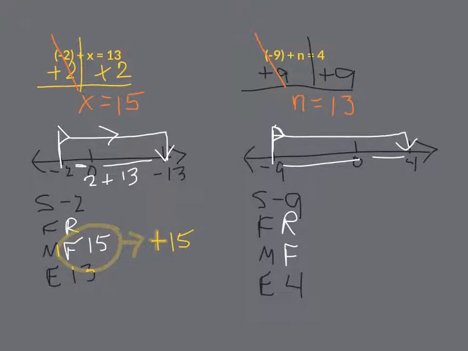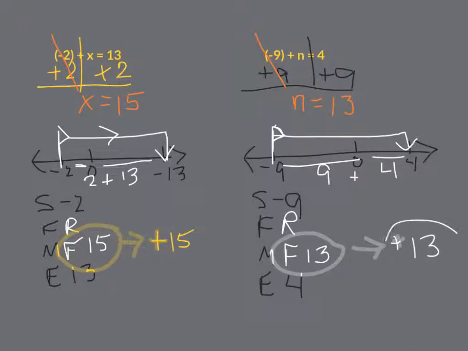From negative 9 to 0 is 9. From 0 to 4 is 4. I add those two together. I get forward 13, which is in fact the answer, which means that the answer is positive 13. Same answers both times.